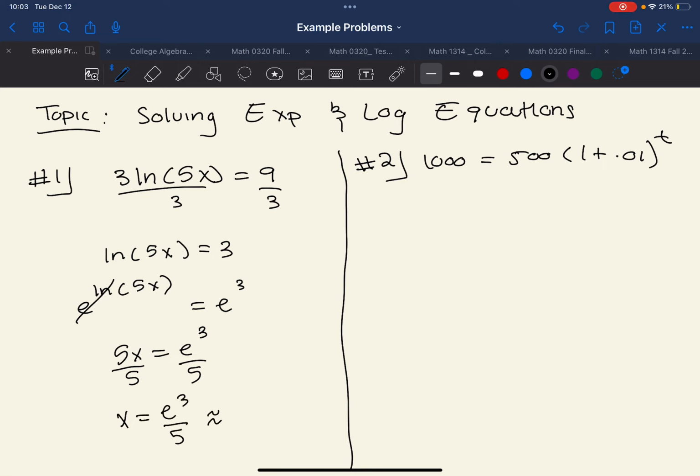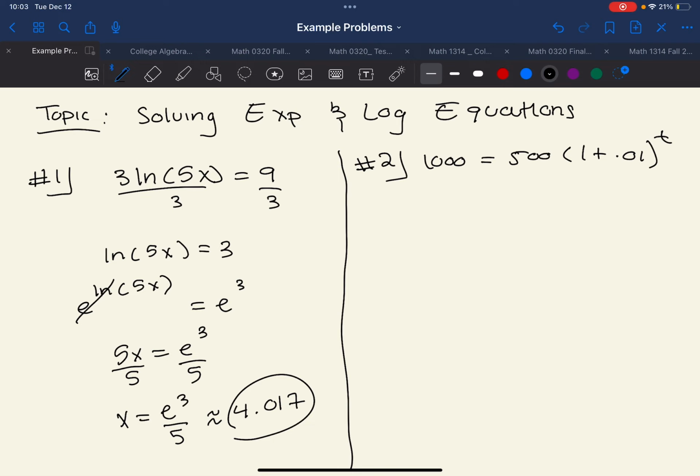And if we type that into our calculator, that is going to give us approximately 4.017. Okay. So that's the answer for the first example.